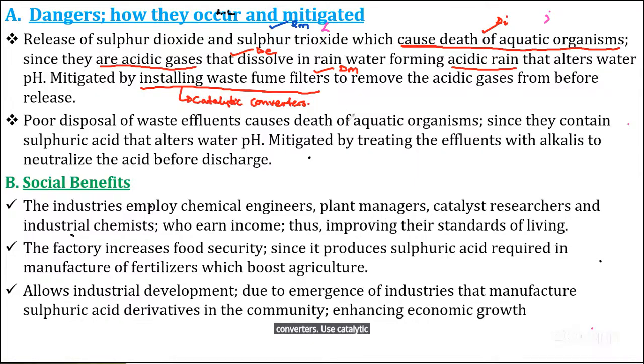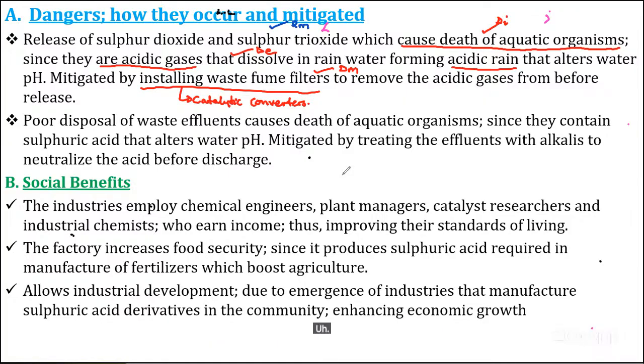Reason being, sulfur dioxide is a reducing agent. Before I leave this section, I'll try to handle a format of responding to an item 2 question which involves either sulfur dioxide or sulfur trioxide.